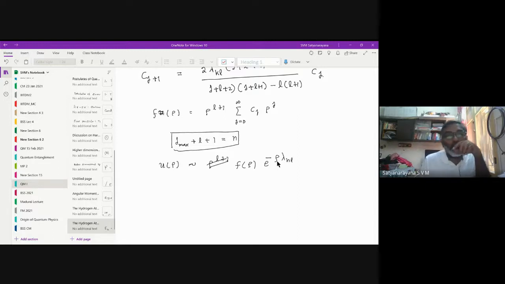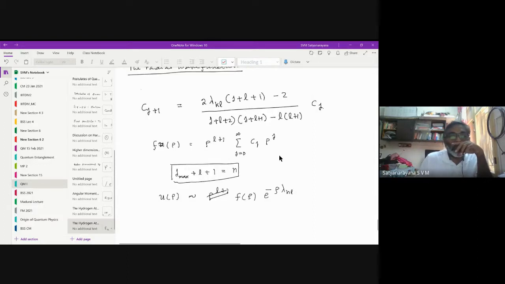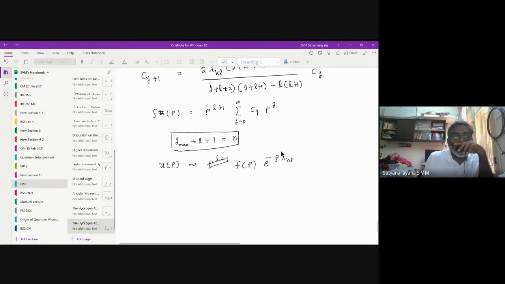Now what we will do is try to fix some value of n. Suppose I fix n is equal to 1. That means J max is equal to n minus l minus 1.